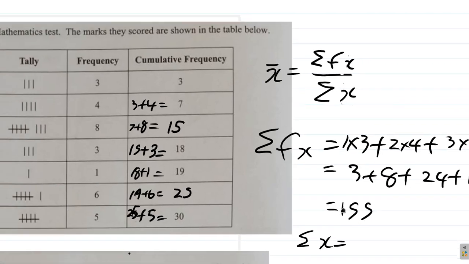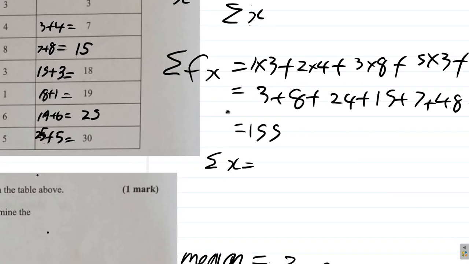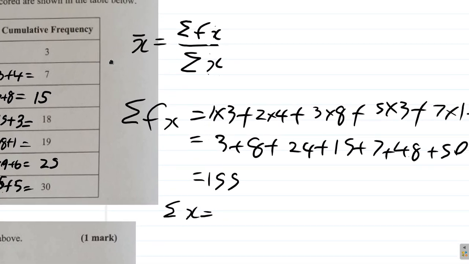It's 30 if you add up the frequency. Oh, my mistake there. Sum of f, frequency, equals 30.